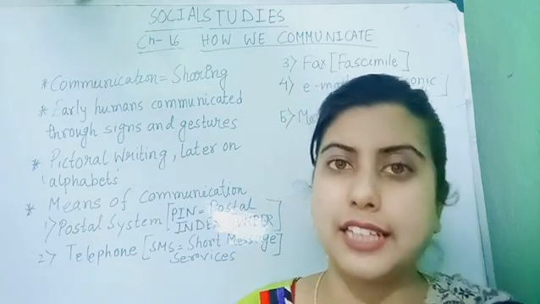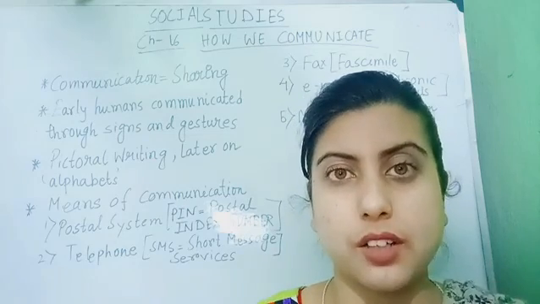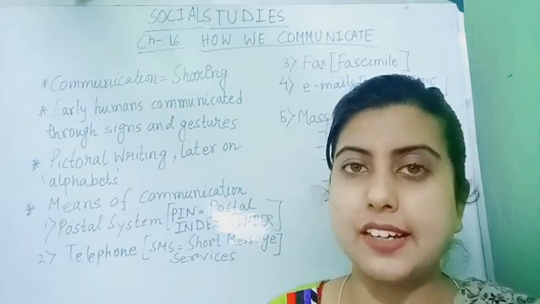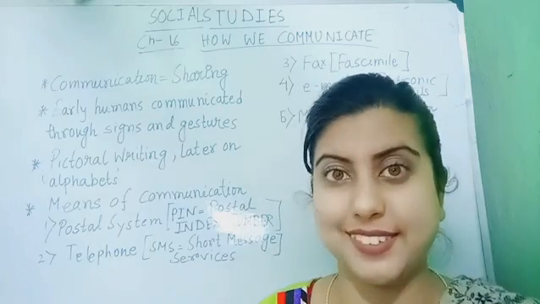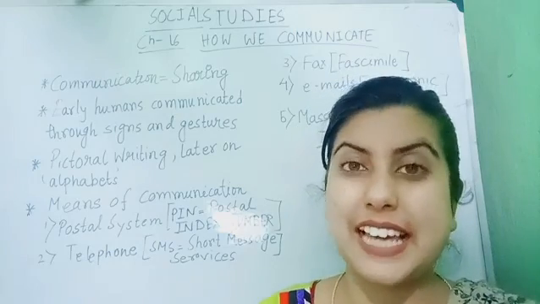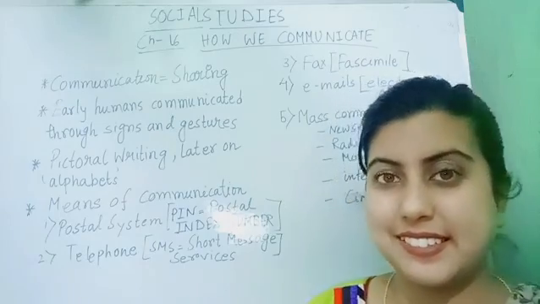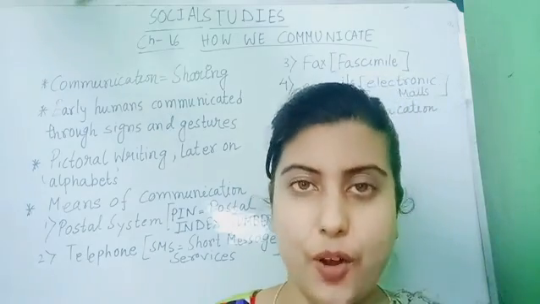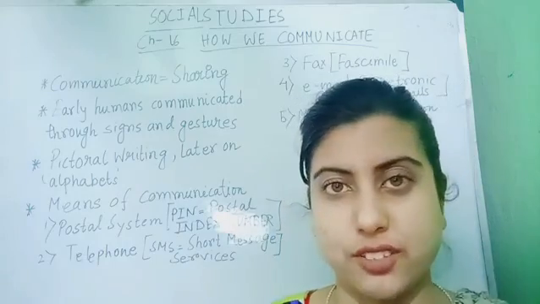The kings also used trained pigeons who carried their messages from one place to another. So, this is the case of kings and ancient kingdoms. Now, in today's era, we have various means of communication.